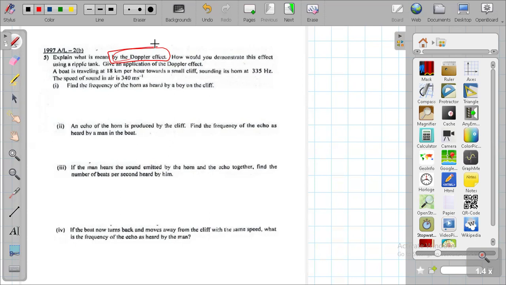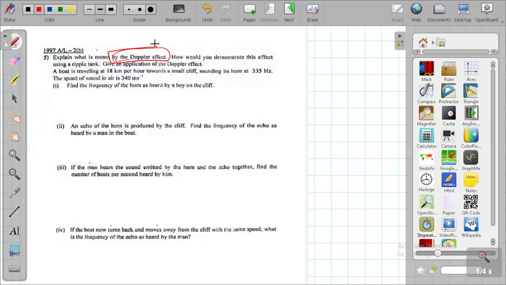The change of frequency, the change of apparent frequency to a certain observer when there is a relative motion between the source of sound and the observer. It is not only for sound, but for A-level we can just say sound. The observer hears an increased or decreased frequency.